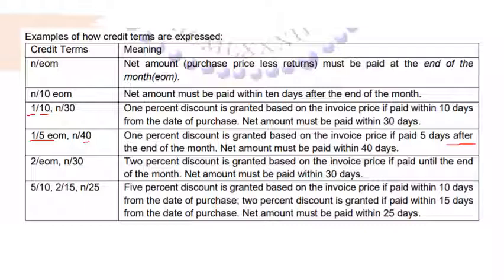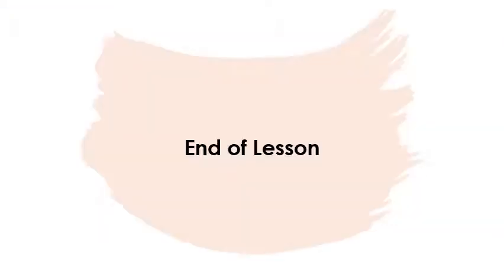It depends only on which discount period you're able to pay the amount. So if it's day 1 to day 10, that's 5%. But if it's day 11 until 15, that's only 2%. And then net amount must be paid within 25 days.